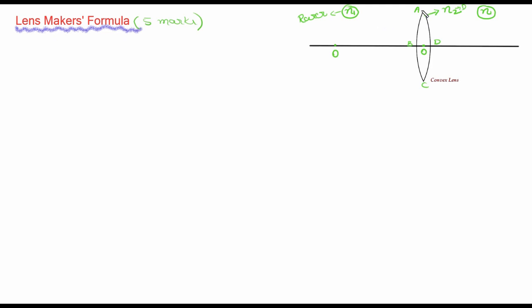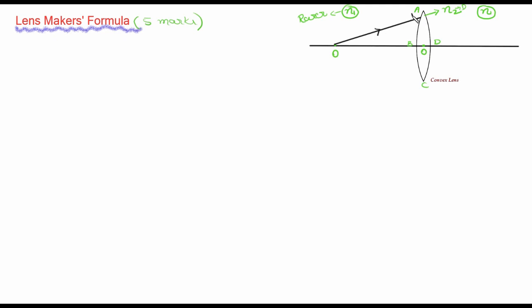So the first image is produced by this half of the lens, and the second is produced by this half of the lens. I'll explain it in detail once again. So let me draw the incident ray. Okay, this is the incident ray.